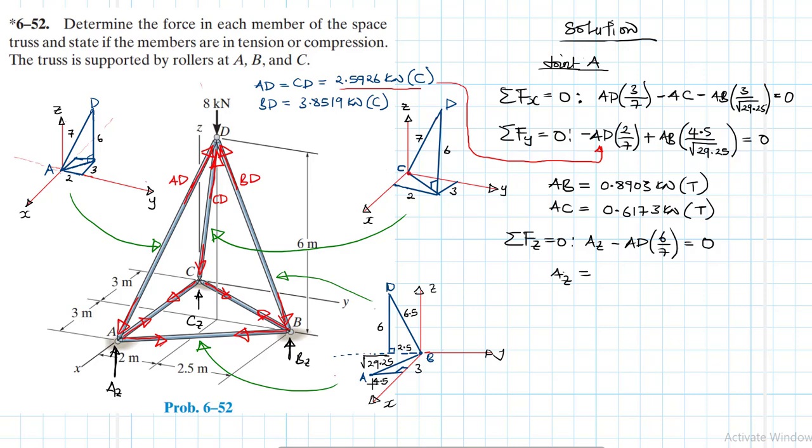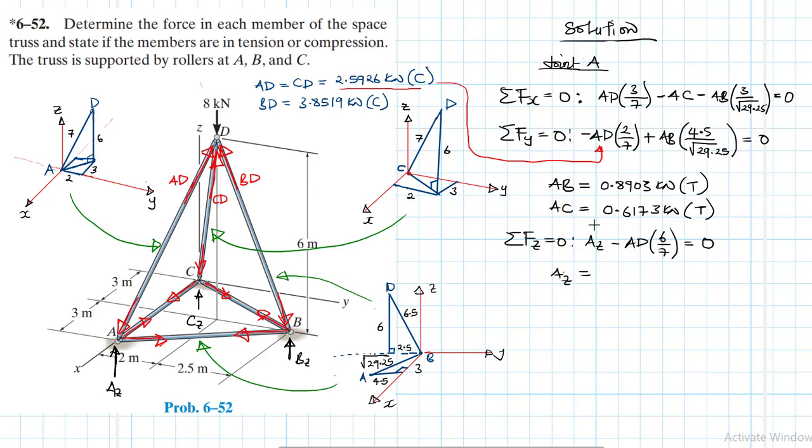is going to be equal to AD. What is AD? AD is 2.5926 times 6 divided by 7.